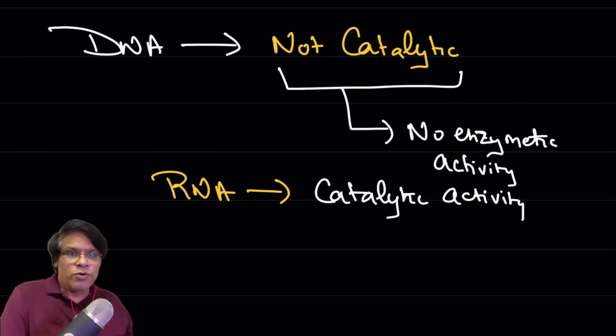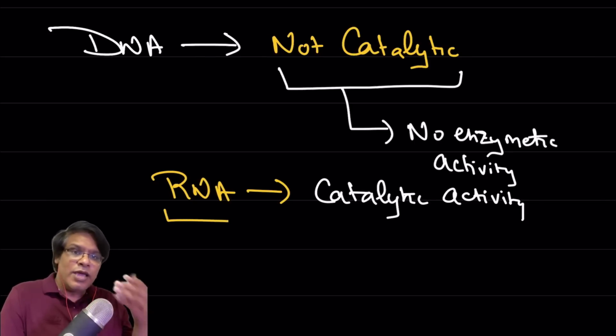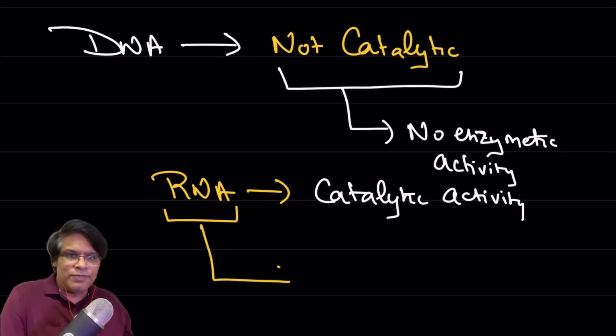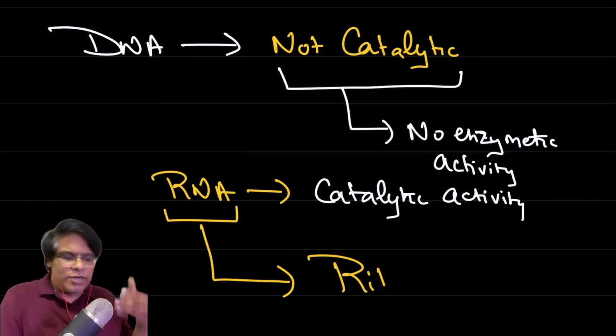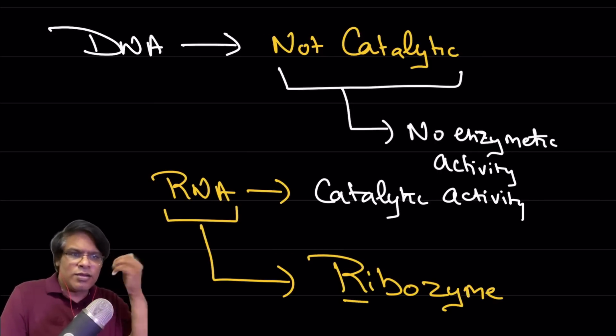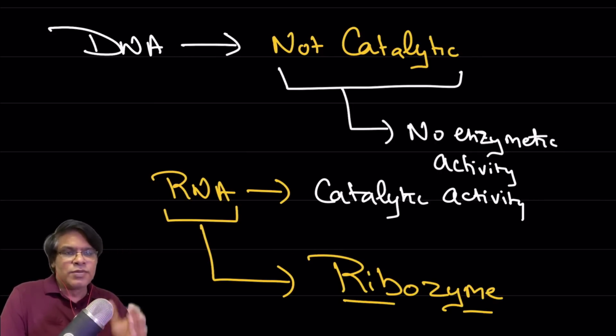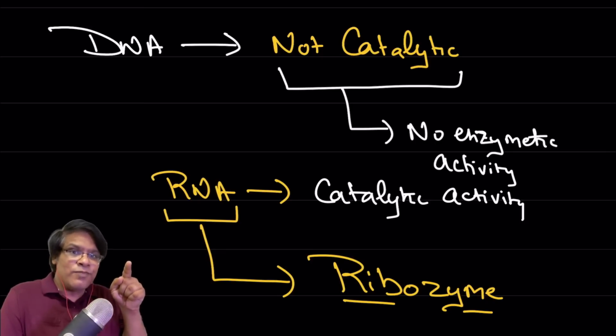And hopefully you know, the RNA which act like enzymes are known as ribozymes. Yes, we will discuss ribozymes in another video, but keep in mind, RNA may have enzymatic activity, but DNA is not going to have enzymatic activity.